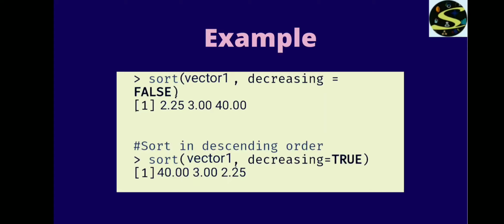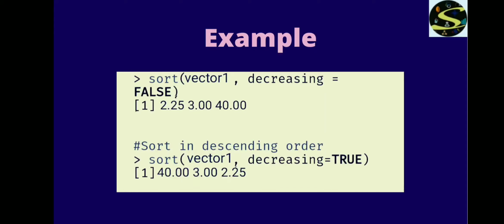When I am taking the argument or parameter decreasing equal to FALSE, you can see by default we are going to get an ascending order for the sort function. If we are required to get a descending order for the vector, then we are supposed to consider decreasing equal to TRUE, where TRUE is all caps, FALSE also all caps.